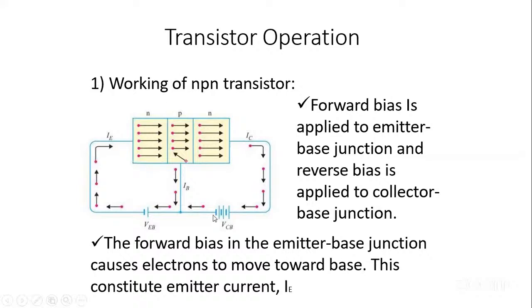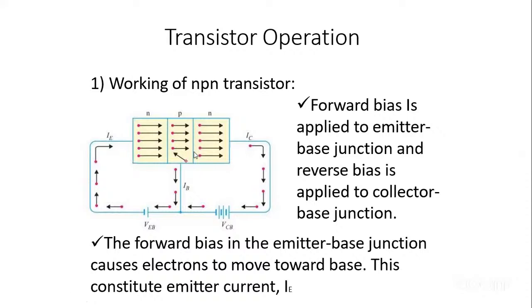This positive terminal will push the holes towards the junction. While it's attracting electrons to itself, it is repelling holes to the junction. And when the holes get to the junction, the minority carrier electrons in P-type will recombine with the holes that have come to line up at this junction.